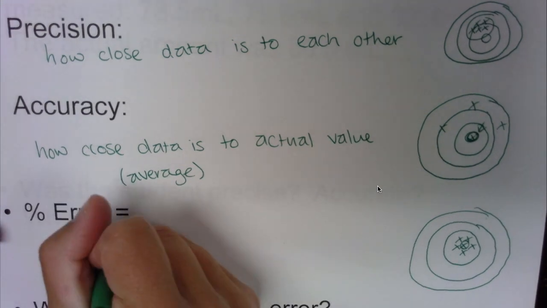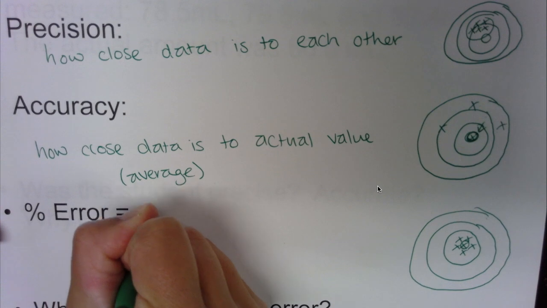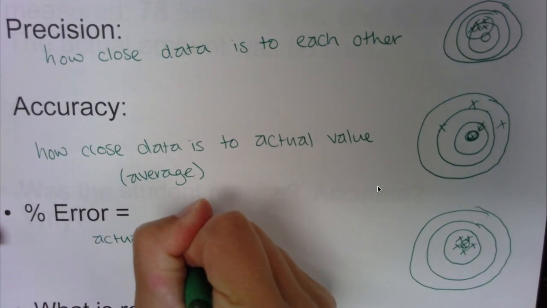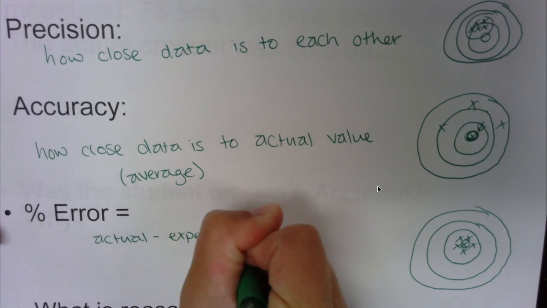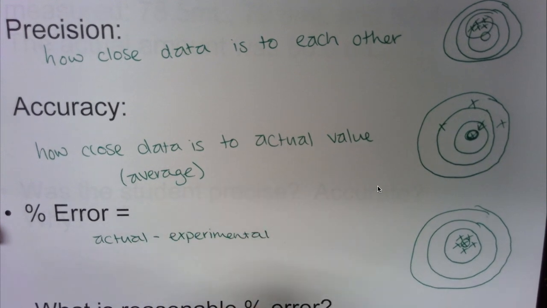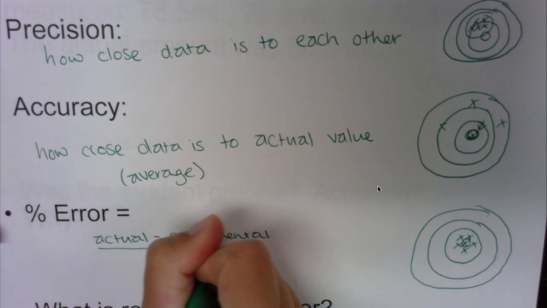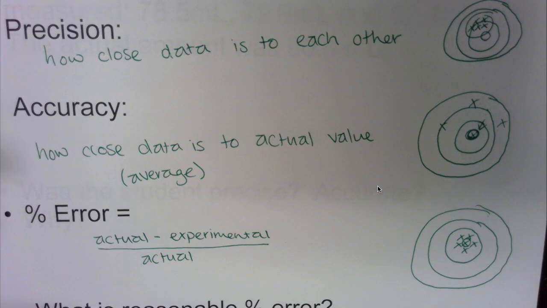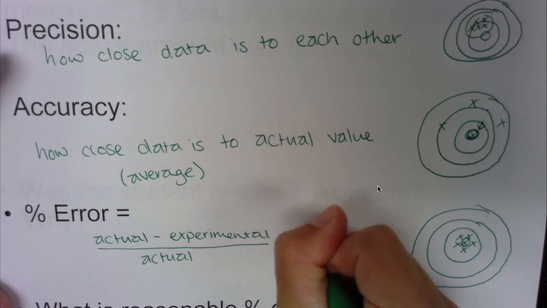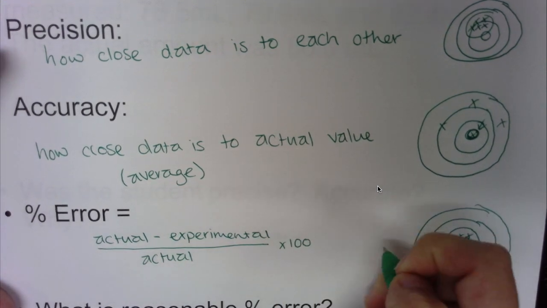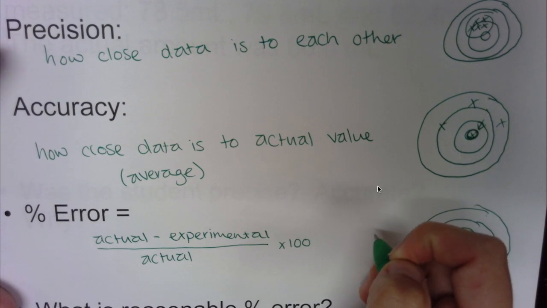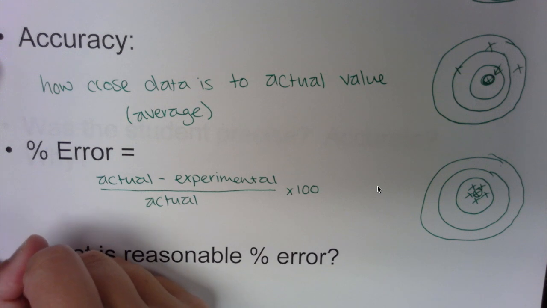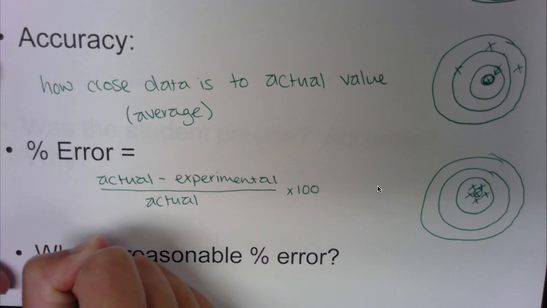Percent error compares the actual value, what you're supposed to get, minus the experimental value, which is what you actually get, divided by the actual. Once you multiply by 100, it gives us a percentage that tells us how close our data was to what we were supposed to get. It also depends on what instrument you're using.